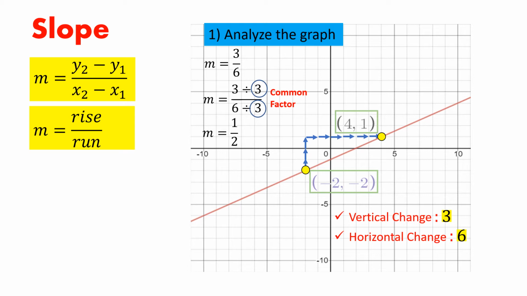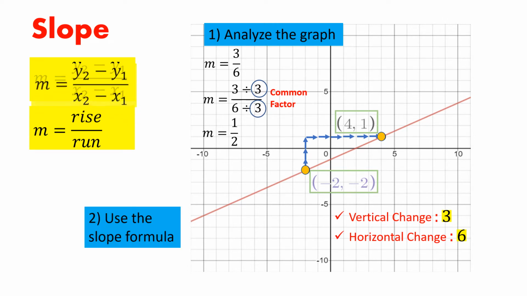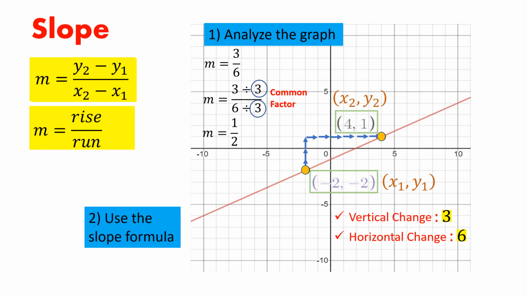Or, if we want to use these 2 points, we could use the slope formula, which is the difference in the y coordinates over the difference in the x coordinates. Let the point -2, -2 be our x1, y1, and the point 4, 1 be our x2, y2.